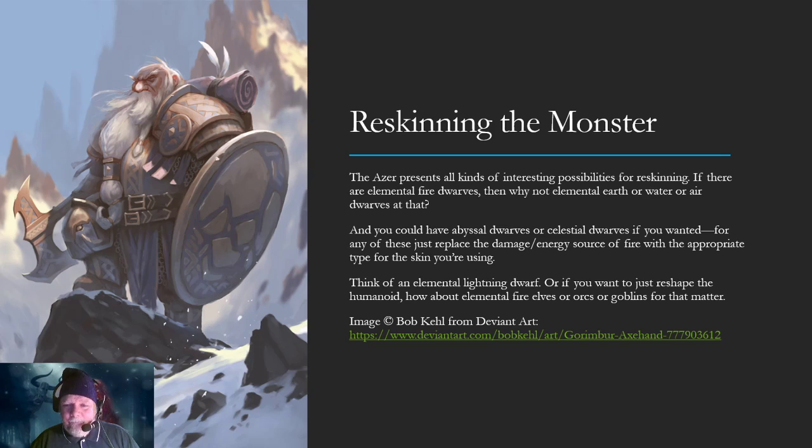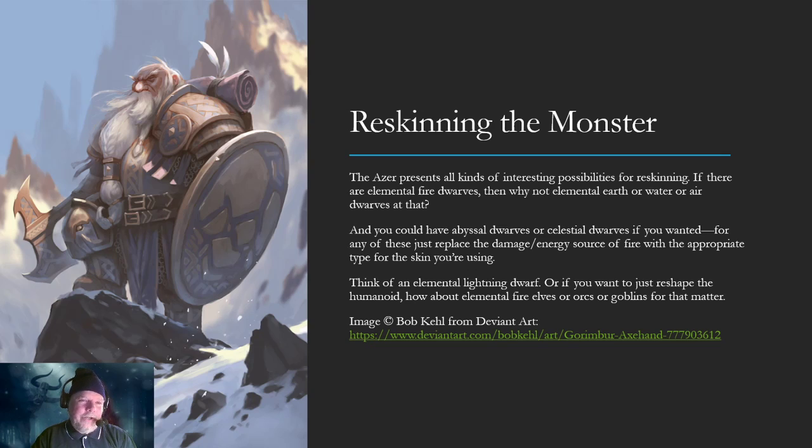And you could then also say, well, there's nothing really about these monsters that is specifically dwarf-like except their appearance.